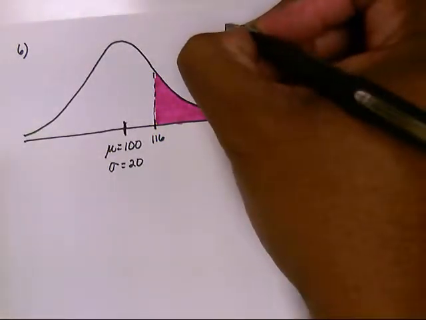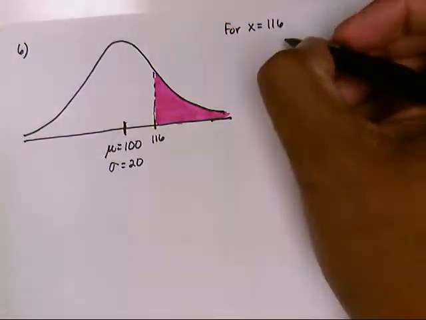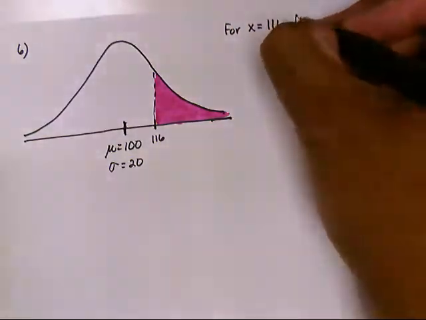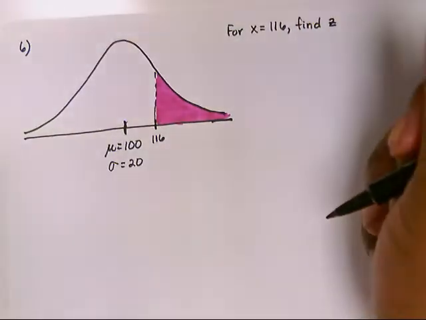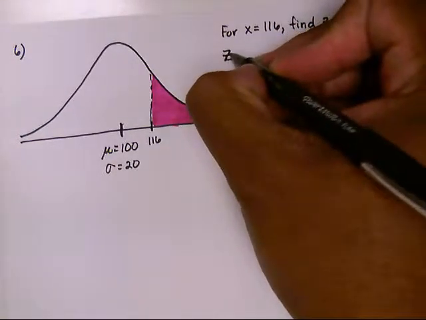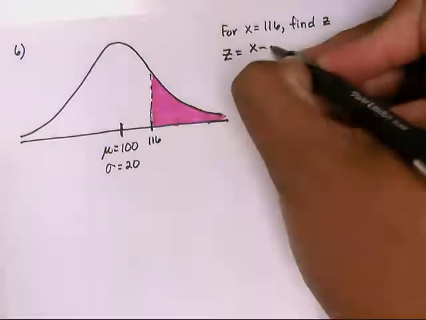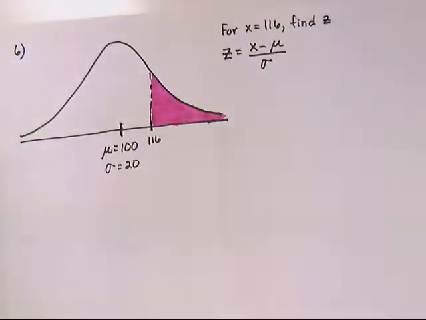Now, for that x value of 116, I need to find out what z is. I need to convert that to an equivalent z value before I can use table A-2. So here, to convert to a z value, we do x minus mu divided by sigma. Okay.